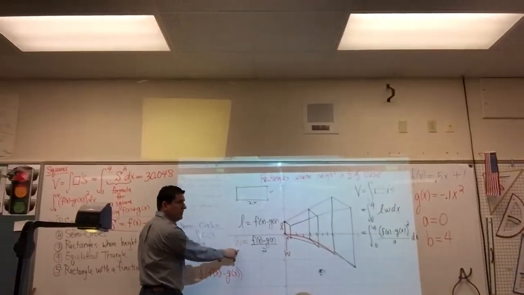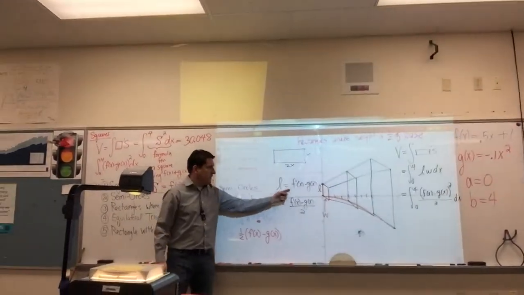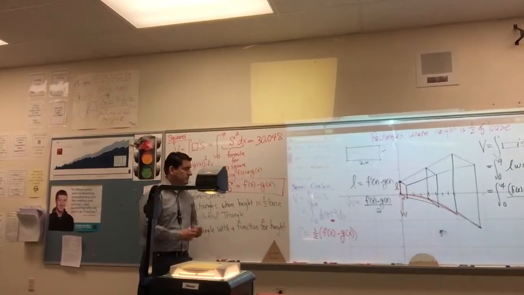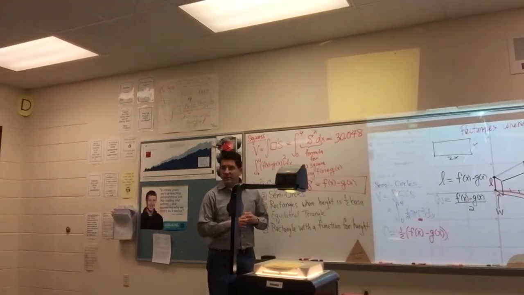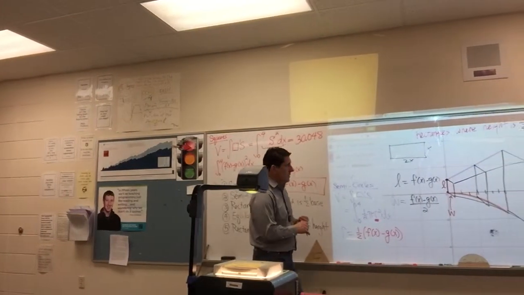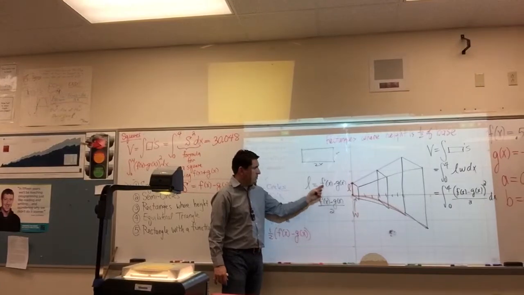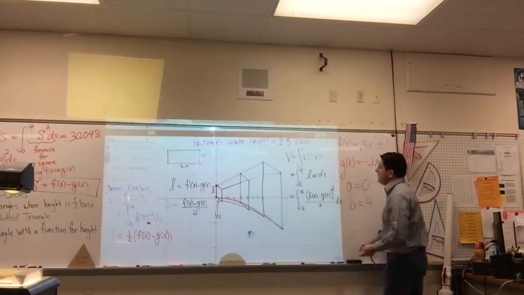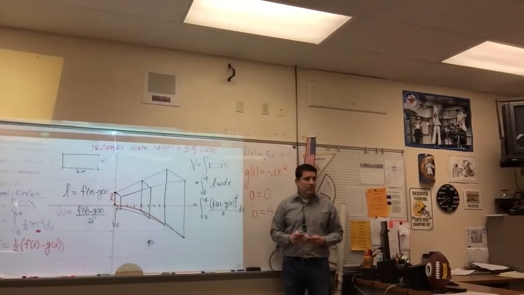Length times width is this one times this one, and that's where we get that one. Does that make sense? Length times width, multiply these two together, it's f of x minus g of x squared divided by 2.